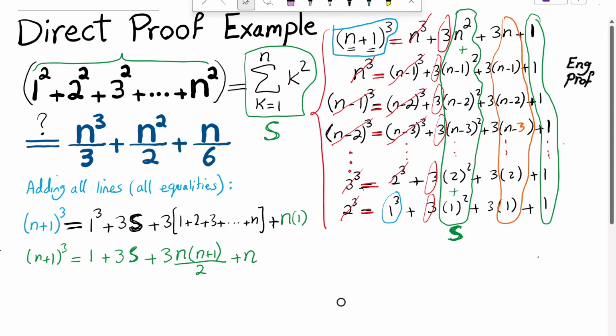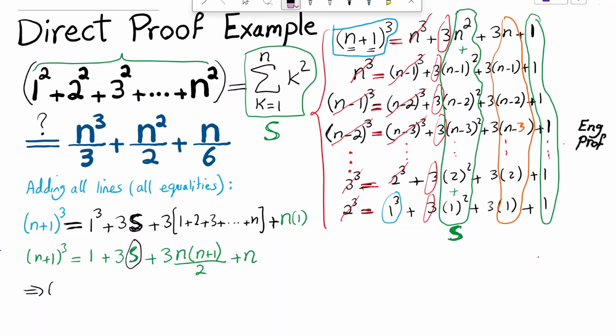Okay, so what is the benefit of this? If you take a look at what we got, let me just compute what I get for S. S is equal to, I get (n plus 1) to the power 3, and then maybe I can just raise it to the power 3.